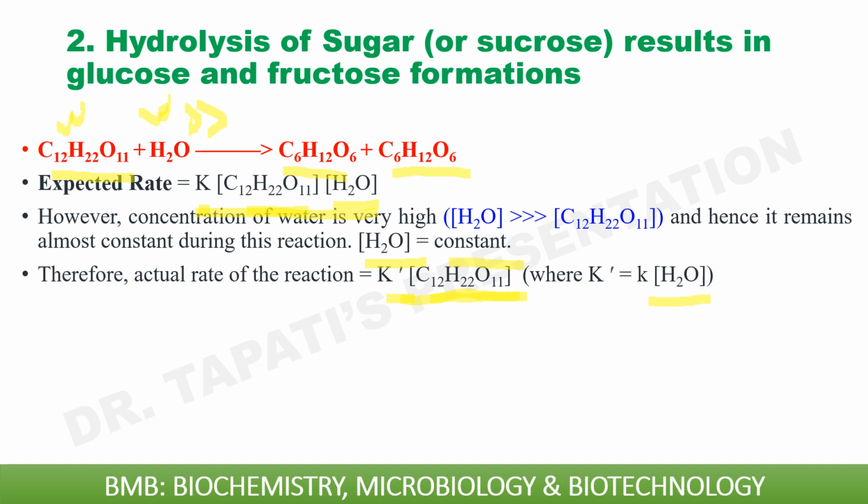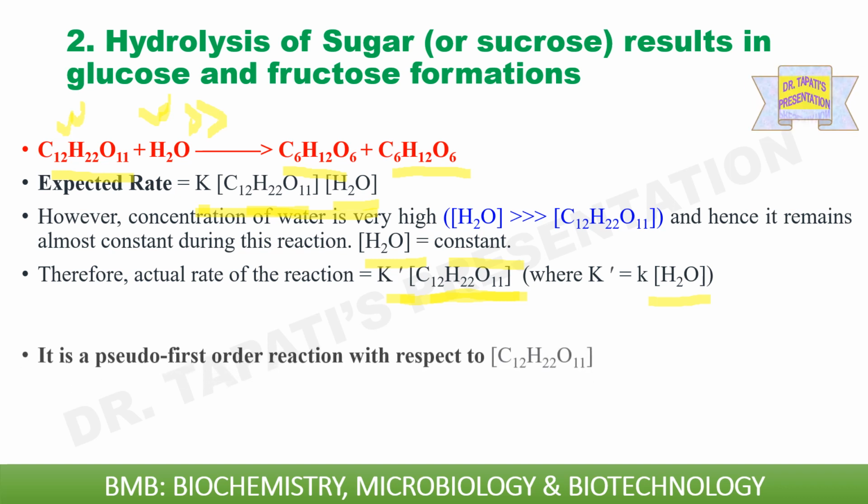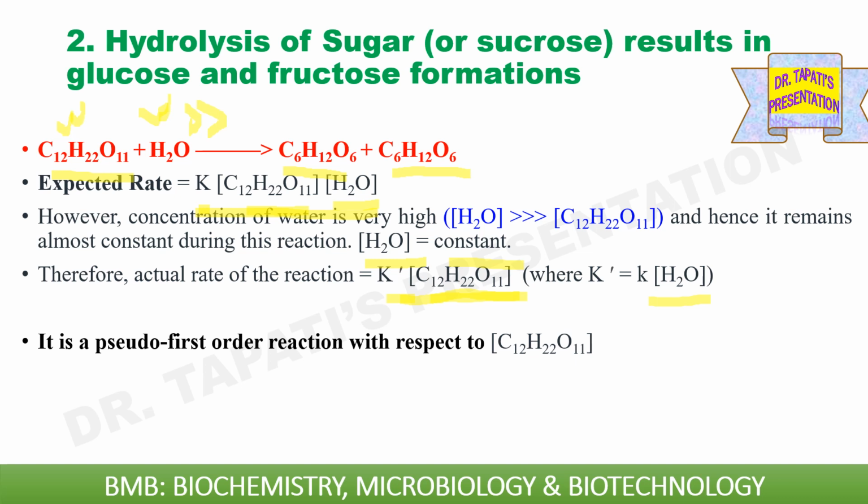Therefore, we are denoting it as K prime as constant for the pseudo-order reaction. It is a pseudo-first order reaction with respect to sucrose. This is an example of a pseudo-first order reaction with respect to sucrose.